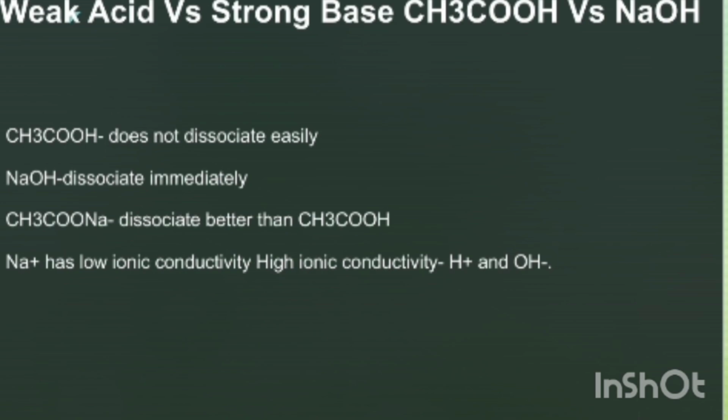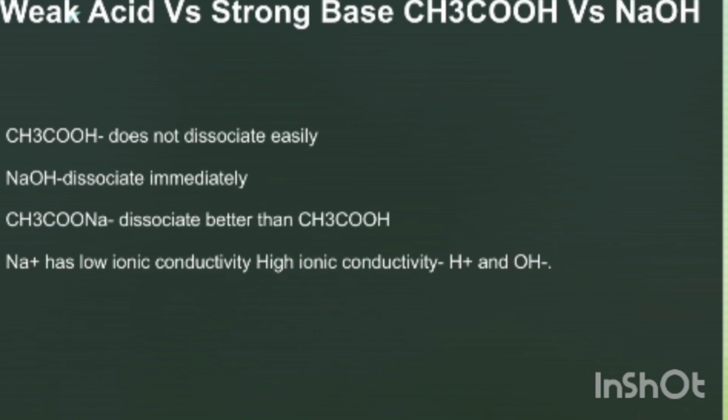As we add sodium hydroxide, the initial addition shows that some amount of acetic acid reacts with sodium hydroxide to form sodium acetate. Here we see sodium acetate on the right hand side and acetic acid on the left hand side. Due to the common ion effect, acetic acid does not dissociate easily, and there is a slight fall in conductance.